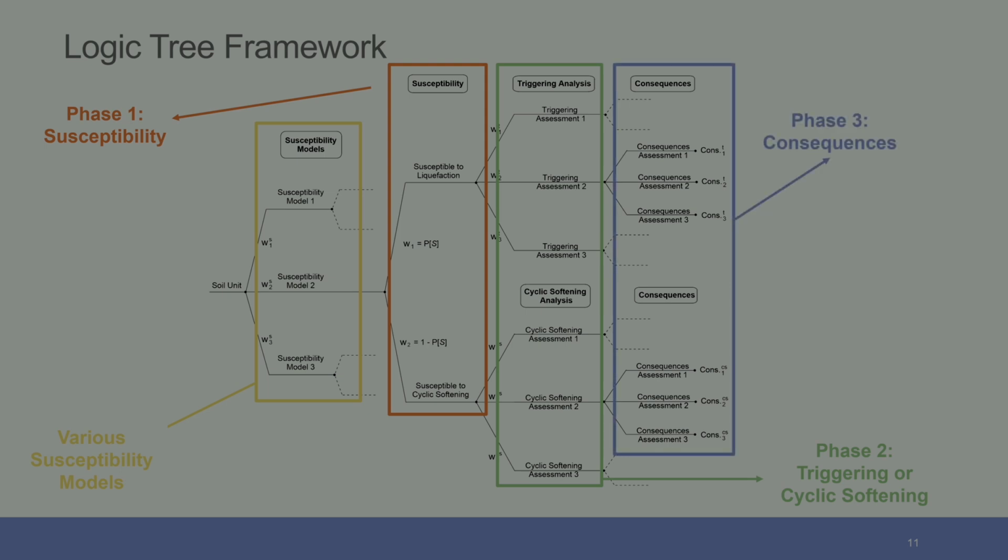And as the last phase, we can use multiple consequence assessments. We can have multiple consequences such as lateral spreading, and we can have excessive settlement. And all of these phases are connected by weights, which are going to be the probabilities.